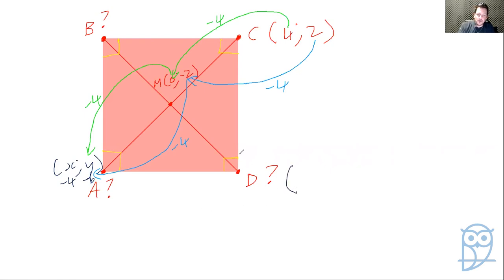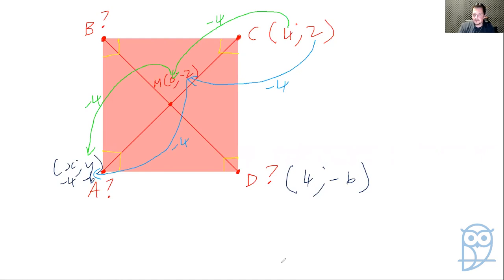I know that because this is a horizontal line and that's a vertical line, my horizontal value here is going to be the same y value. It's also going to be minus 6. And I know that my x value here is going to be the same as my x value up here because it's in the same vertical line. Well, that's going to be 4.